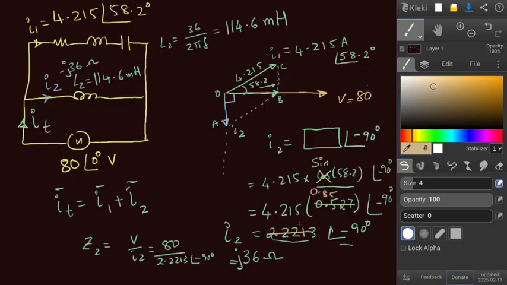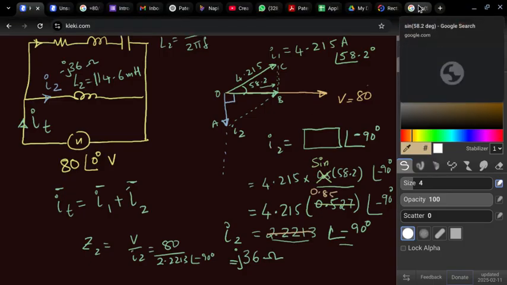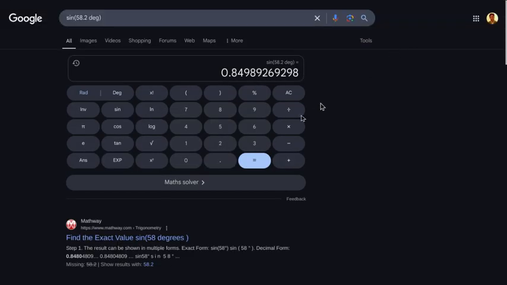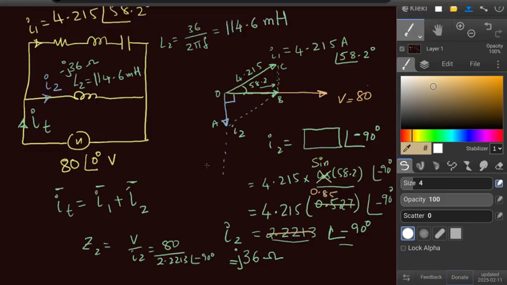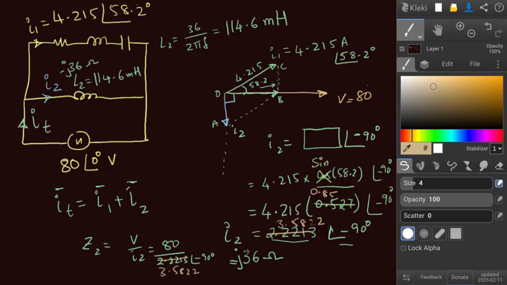So then this will change to 3.5822. So then here it will be 3.5822. Then here it will be what?